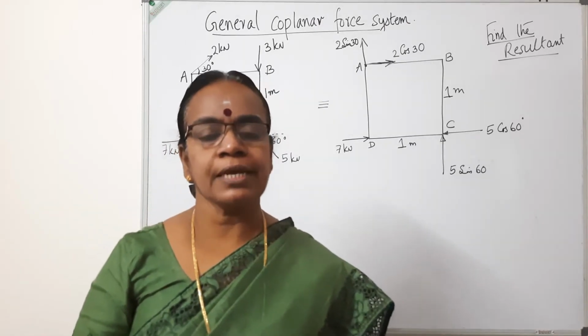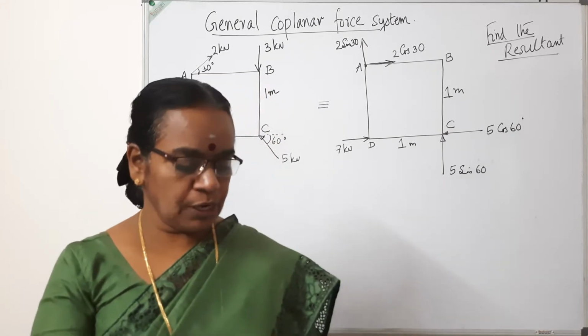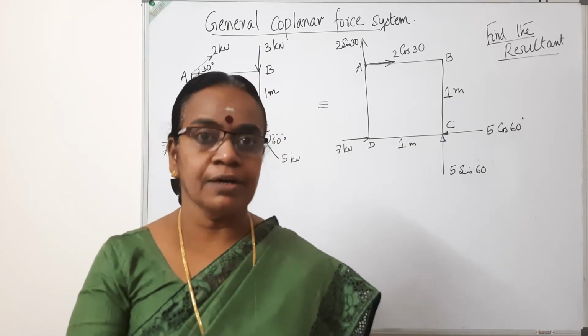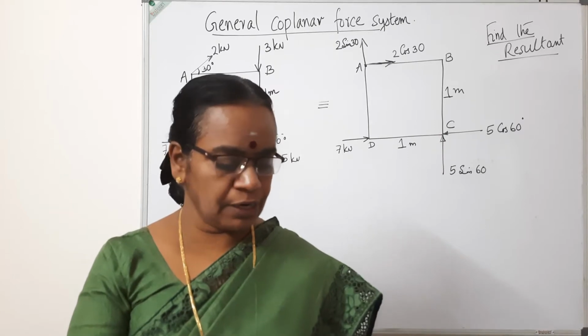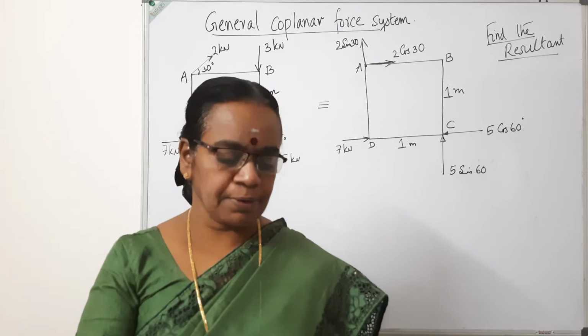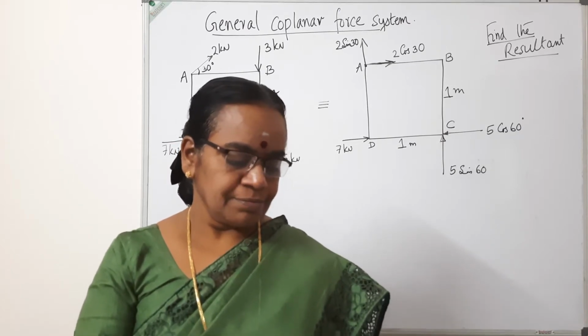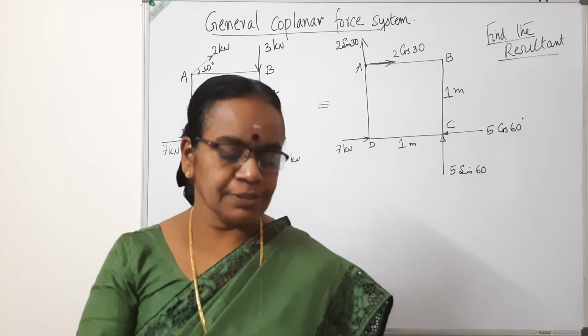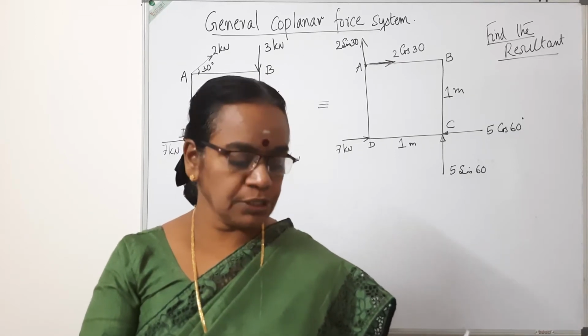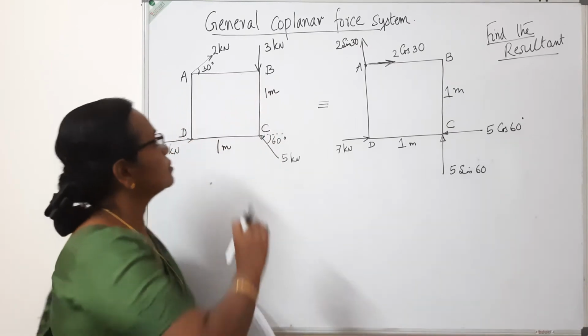So coming to the numerical example, four coplanar forces, 2 kilonewton, 3 kilonewton, 5 kilonewton and 7 kilonewton, are acting on a square body of side 1 meter. Determine the resultant force, magnitude, direction and position with respect to point A. So this is the given question.